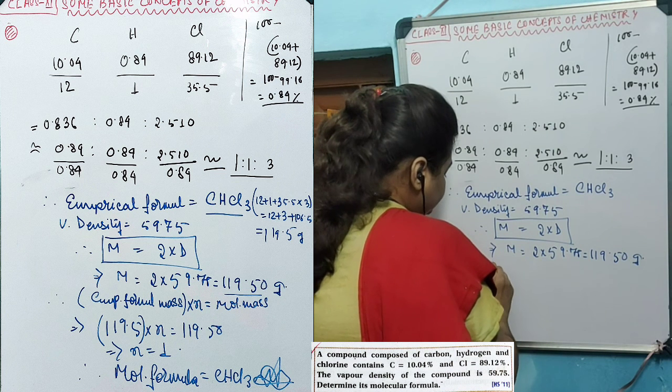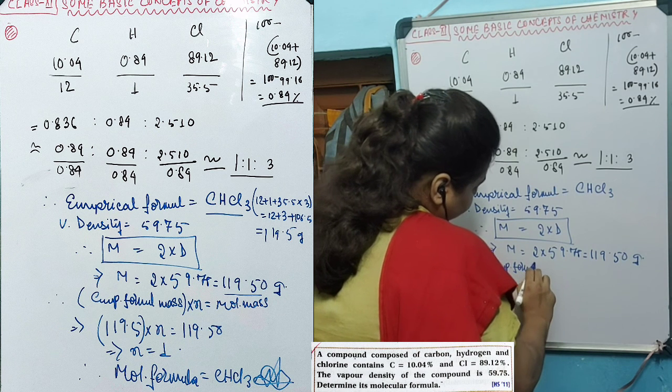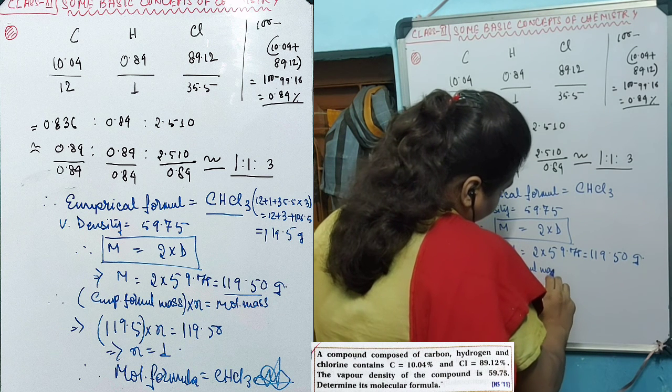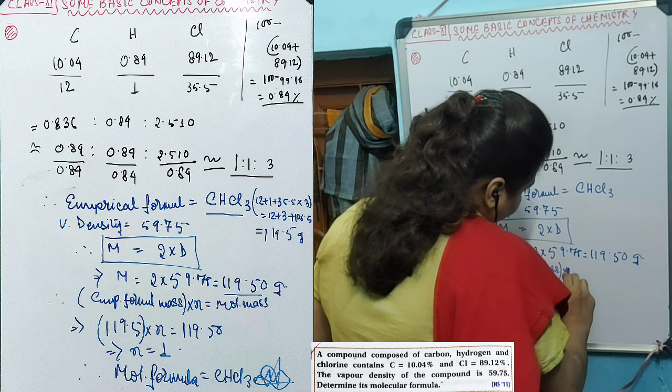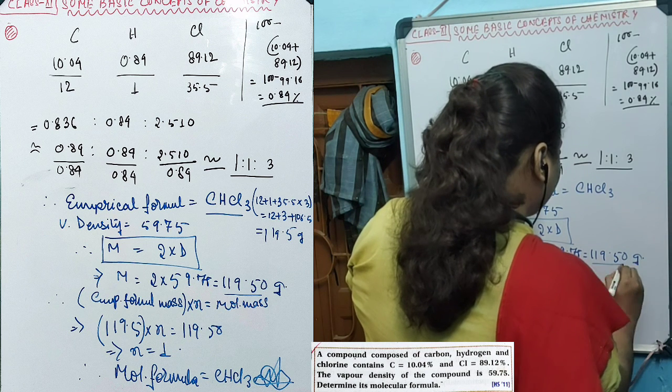We previously discussed that empirical formula mass multiplied by n gives the molecular mass.